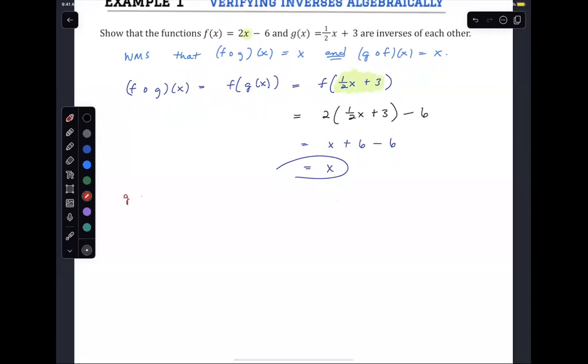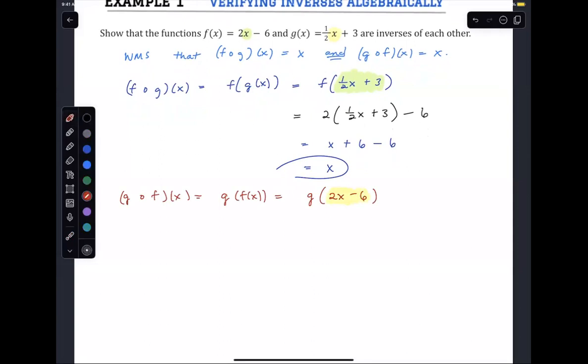So to do the other direction, g composed of f of x. That's going to be g of f of x, and f of x was 2x minus 6. So I'm going to take 2x minus 6 and substitute that in for the x in g.